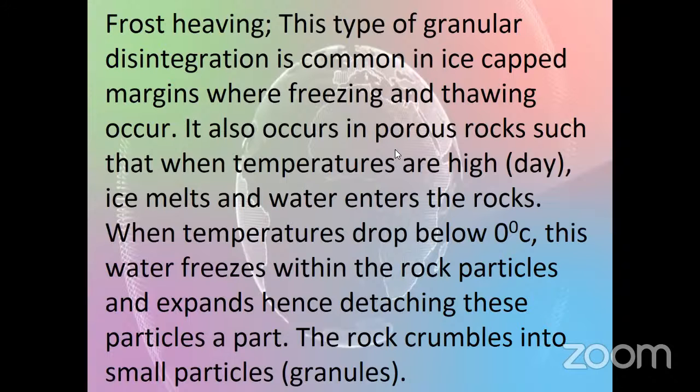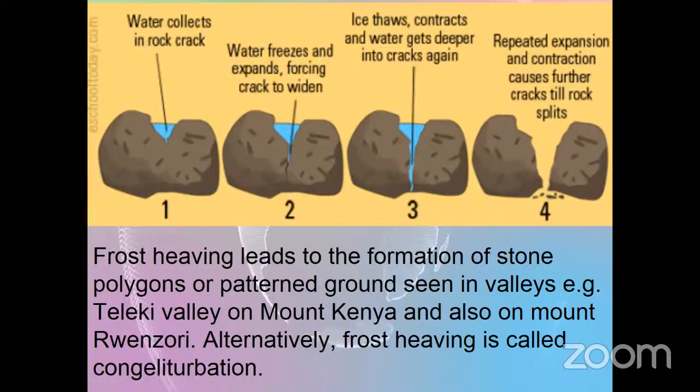Okay, thank you. So when we are saying that this process happens in those areas which experience freezing, in East Africa, you can talk of the tops of Mount Rwenzori, Kilimanjaro, and Mount Kenya. So here you find that when it rains, water gets into the cracks.